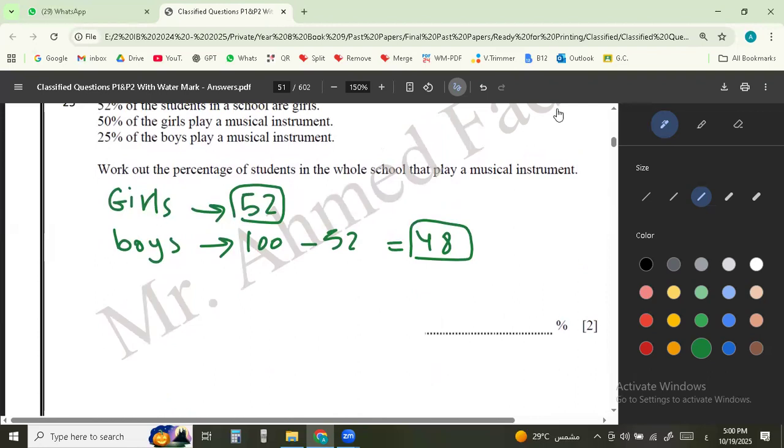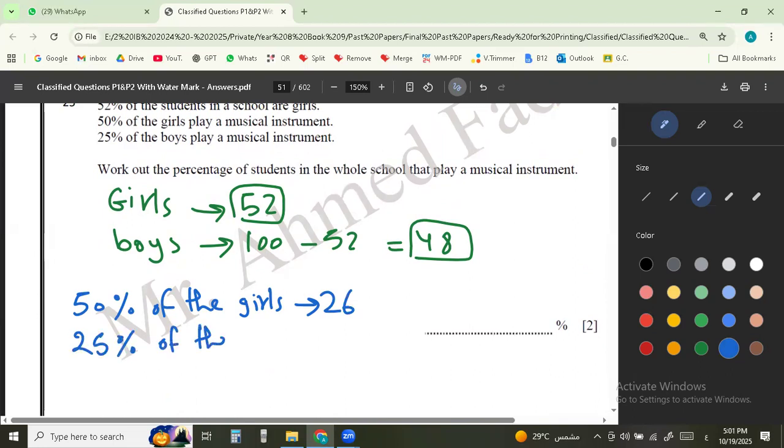I'm going to change the color to avoid confusion. 50% of the girls: the girls are 52, divided by 2 gives you 26. 25% of the boys is dividing by 4. 48 divided by 4 is 12. So the percentage of students in the whole school is 12 plus 26, which is 38%.